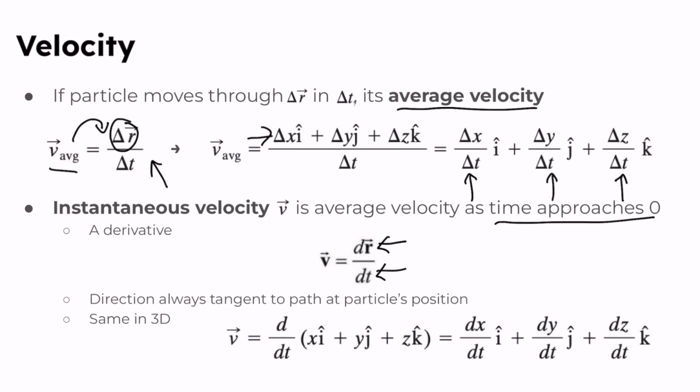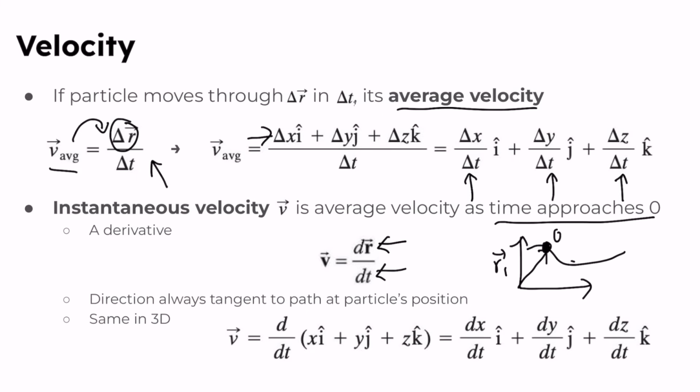One thing we should know is, say for example, we have this axis over here, and we have a particle that's moving along some sort of curved line. Initially, let's say its position was here. Let's call this position r1.